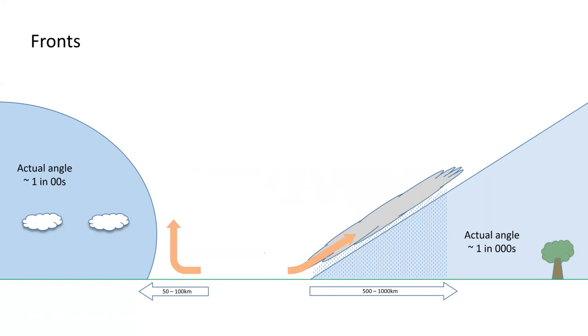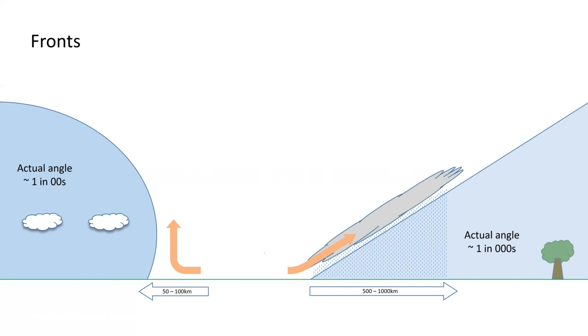You'll see that the actual angles have been exaggerated a little bit. What you can expect for a warm front is that its actual gradient is 1 in 100, 1 in 300, 1 in 400. They're shallow. A cold front is actually quite steep. Now this is completely oversteepened.